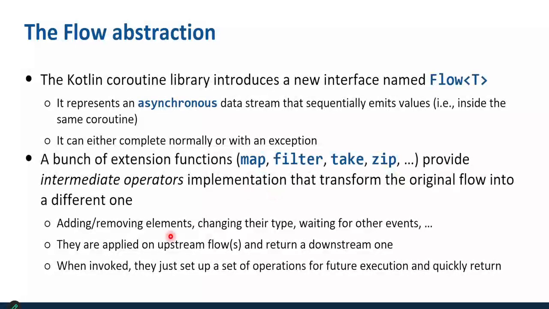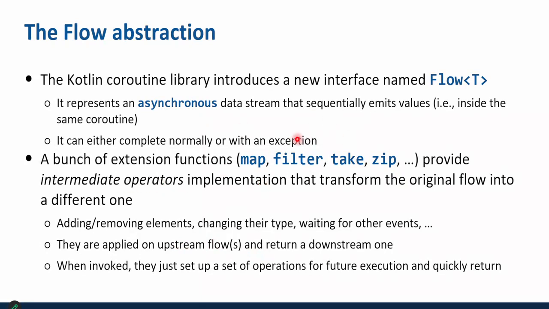Another thing to bear in mind is that these methods separate the flow into two flows. One is the upstream flow, the one on which you call your intermediate operators.